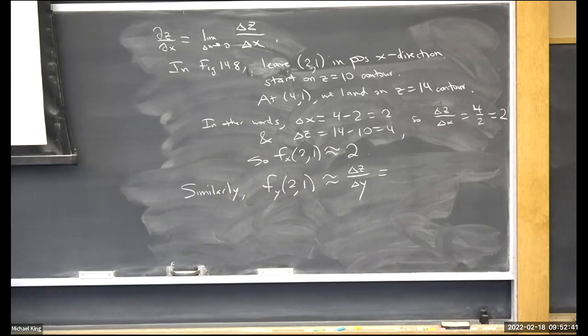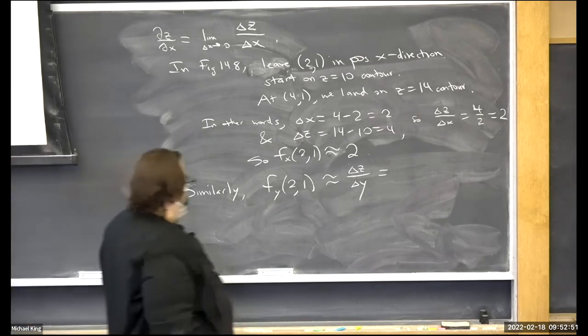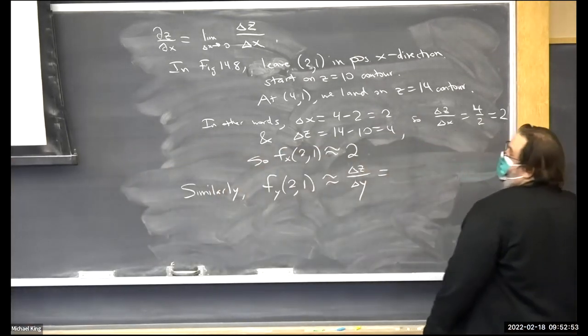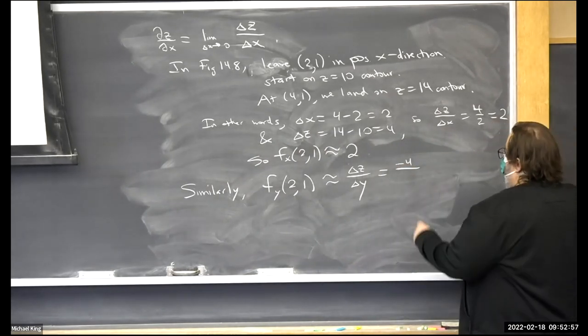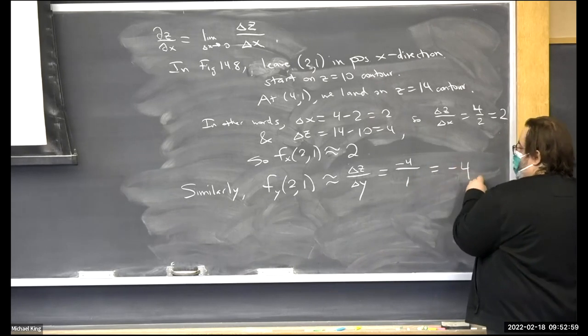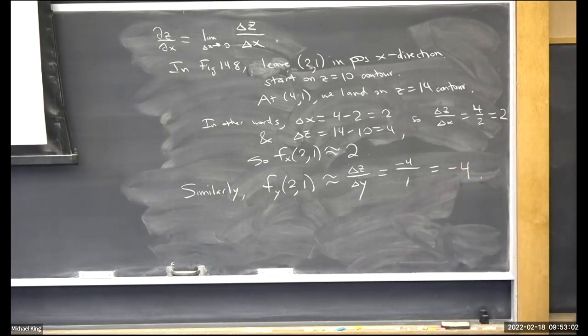We leave this point, the delta y is 1, but what's the delta z? -4, yeah. The z changes from the 10 contour down to the 6 contour, and the delta y is just 1. So that's -4. Does that make sense?